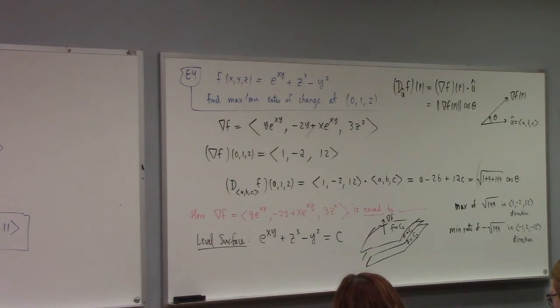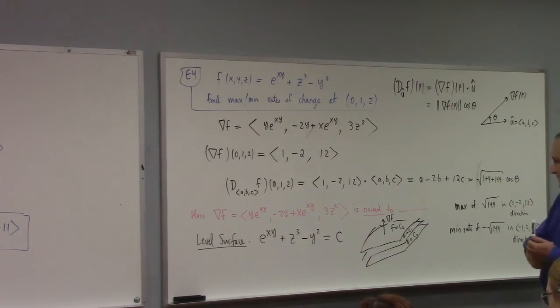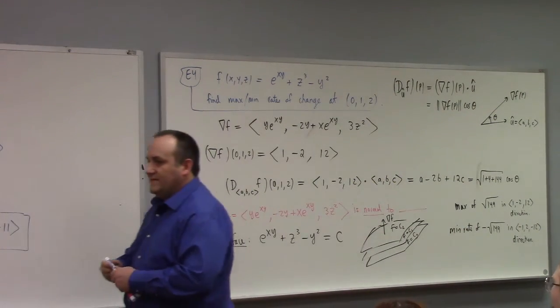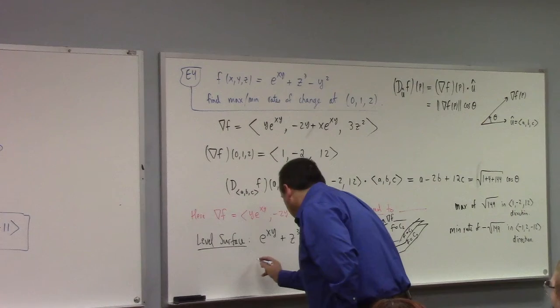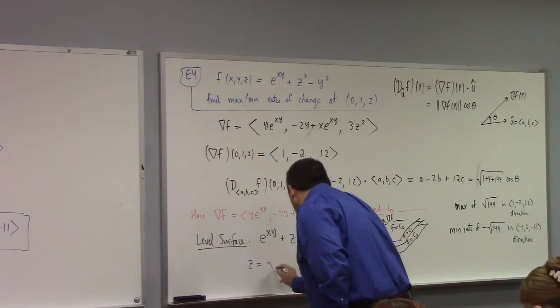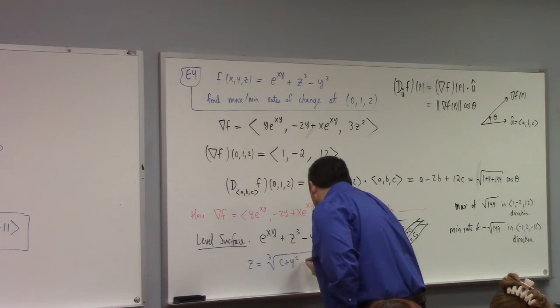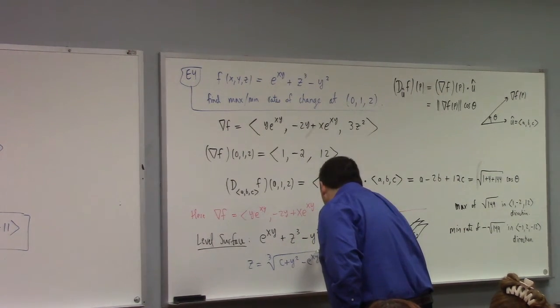If we go perpendicular to the gradient of f, then we're going in a direction which is tangential to these level surfaces, right? Actually, this equation is not as bad as I was selling it. This is, in fact, a graph. So my picture is actually not that stupid. I say this is a graph because I can solve for z, right? z is equal to the cube root of c plus y squared minus e to the xy.